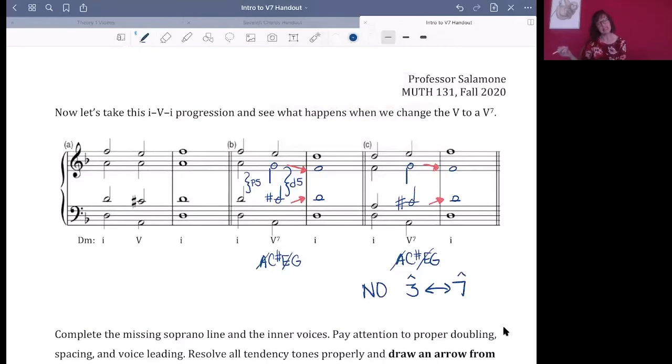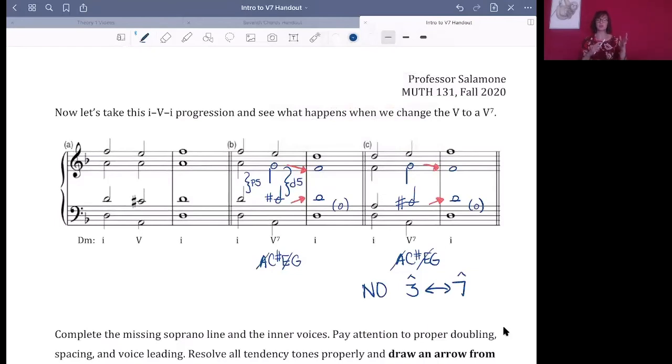Now, if you wanted desperately to have a fifth in any of these triads, yes, it is possible and allowable to frustrate your leading tones down to scale degree 5.